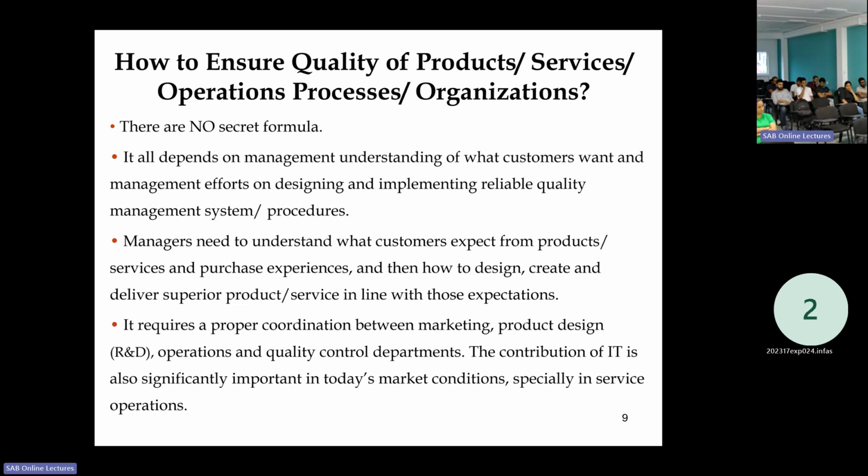Can you understand it? So there are these two: expectations on one side and perceived performance on the other. So what do we mean by customer satisfaction? At least these should be equal. The performance of the product should match what they expect from it. That leads to satisfaction.